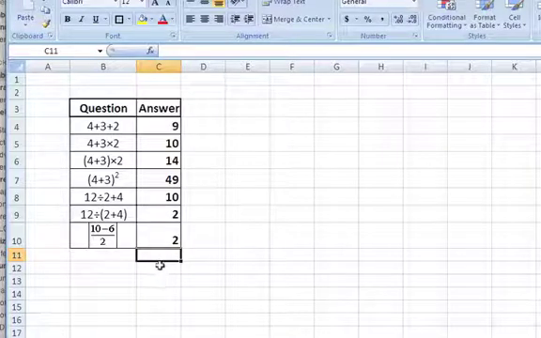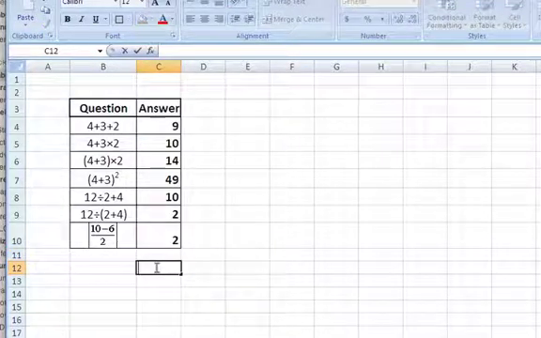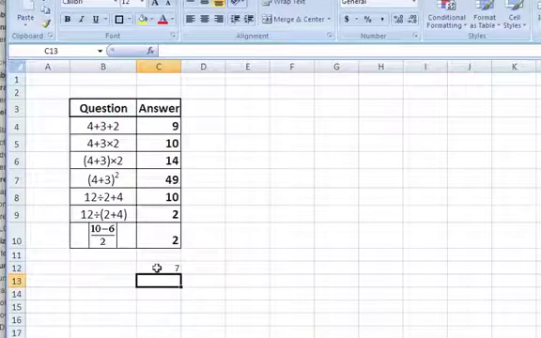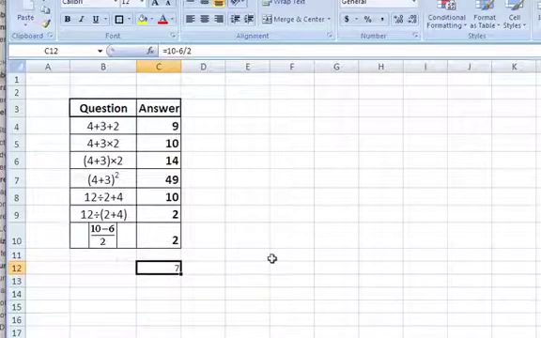If we had just done it as equals 10 minus 6 divided by 2, you would have done the 6 divided by 2 first, and 6 divided by 2 is 3, so we get an answer of 7 because 10 minus 3 is 7. So you'll just sometimes have to use brackets in order to get the order of operation done correctly.